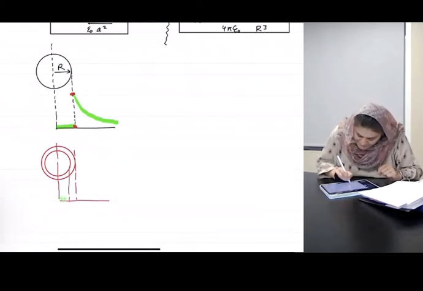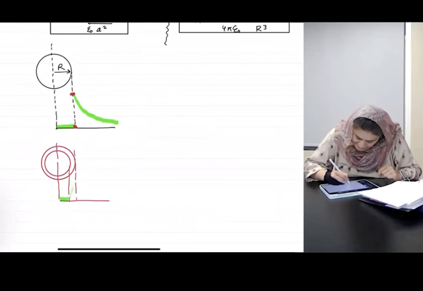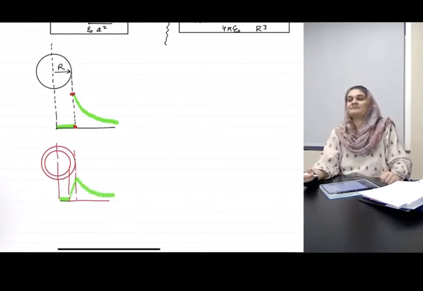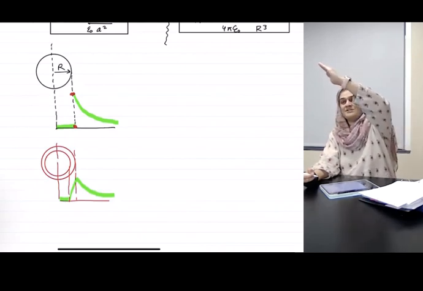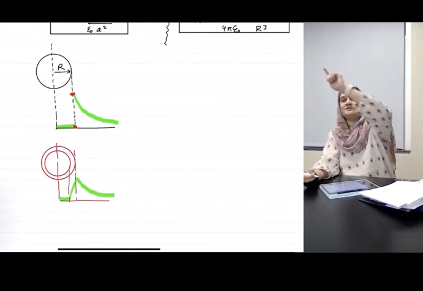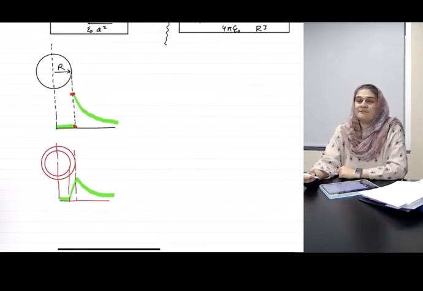So it goes ding, ding, ding, ding, ding. Then it kind of goes like that. And then it goes like this. There is an increase when you go from the inside to the outside of the field on a shell. Except we don't think about that.